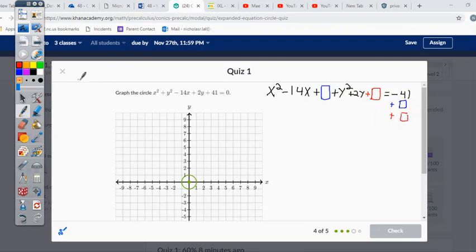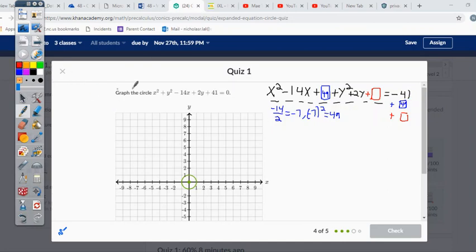So let's complete the square. For our x's, we'll have -14 divided by 2, that's equal to -7. And then -7 squared is 49. So our term here is 49.